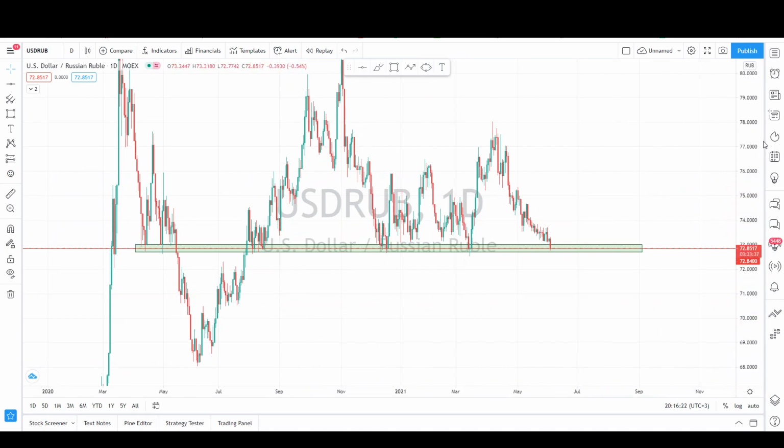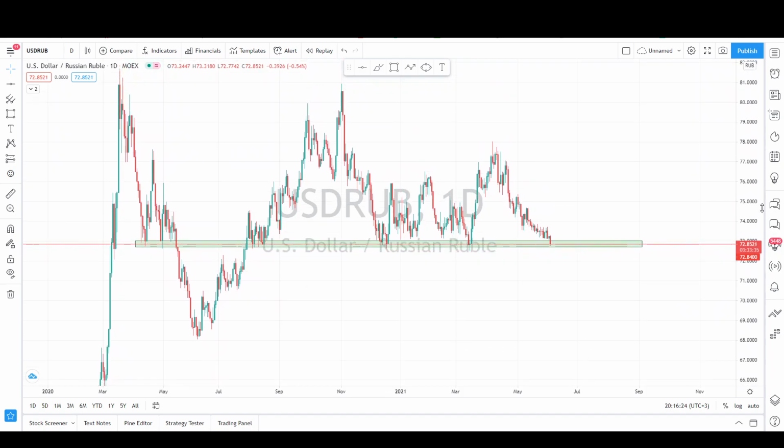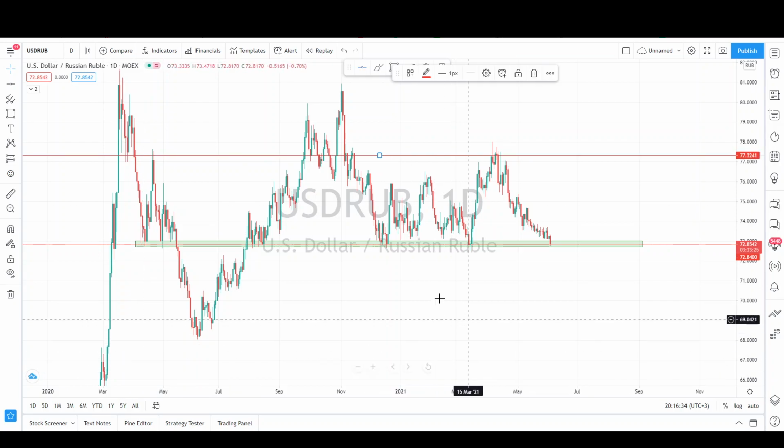Let's try to find some resistance or support areas. Some traders will call these the key levels, the same thing. So here you can get a resistance, right? You can see a resistance: price hits, goes down, hits here, goes down, hits here, goes down.